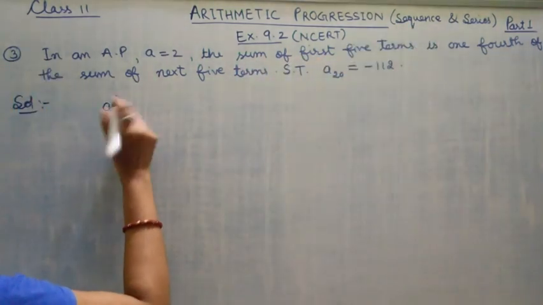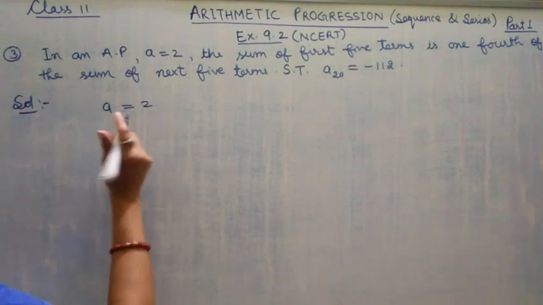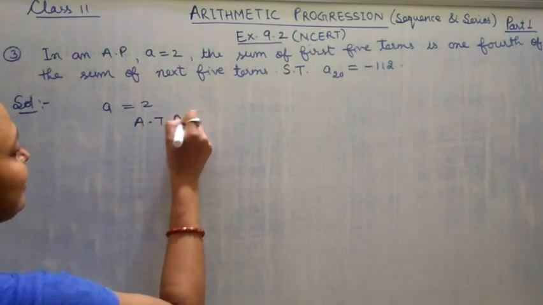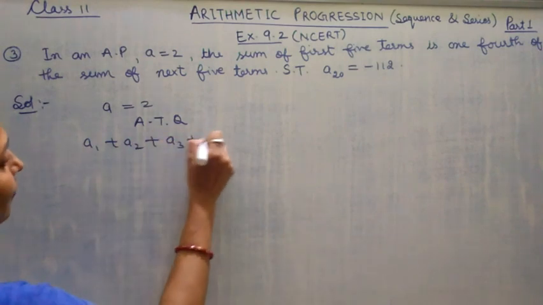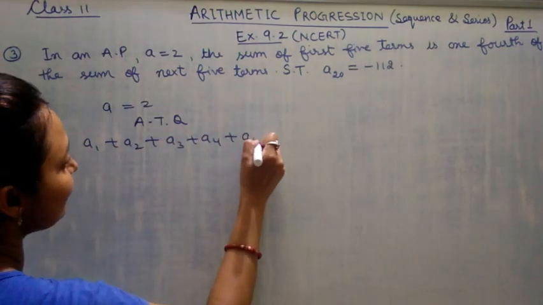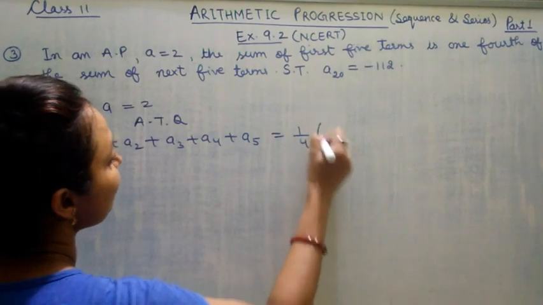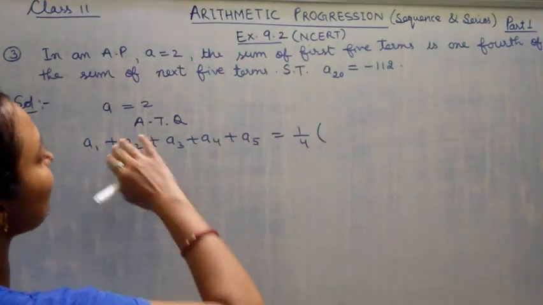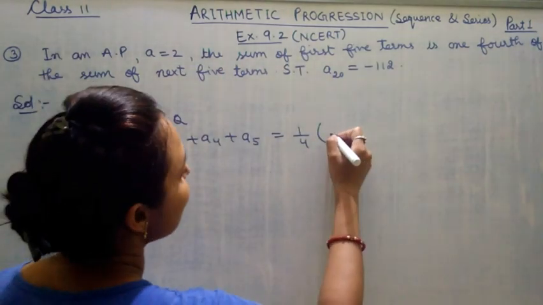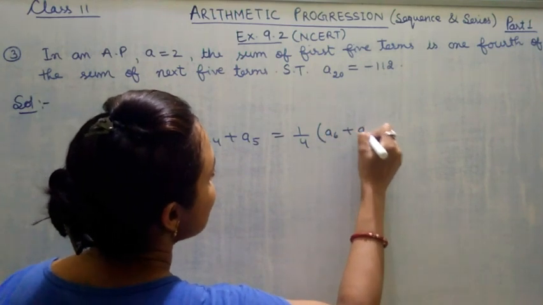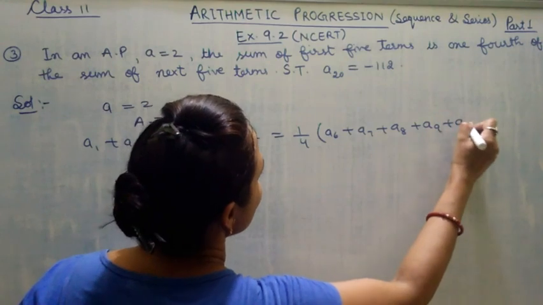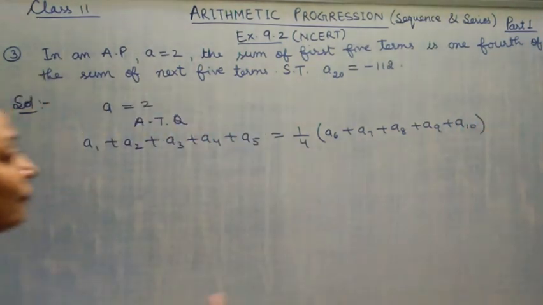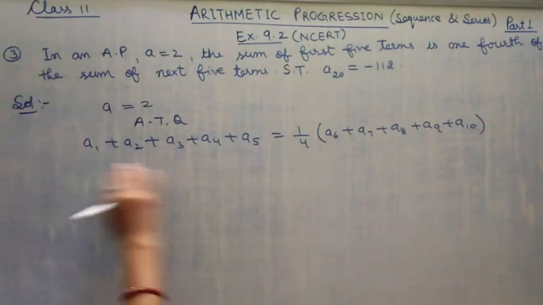That means, first of all I will write a is equal to 2 according to the question. The question says that a1, a2, a3, a4 and a5, the first 5 terms, is 1/4 of the sum of the next 5 terms, that is 6, 7, 8, 9 and 10. Right? Now I will put the values according to the formula.